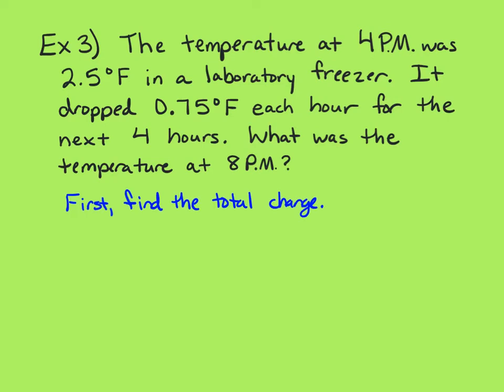Well, we could start by finding the total change. We know that it dropped 0.75 degrees every hour for 4 hours. And negative 0.75 times 4 is negative 3. So we know that the temperature dropped 3 degrees.